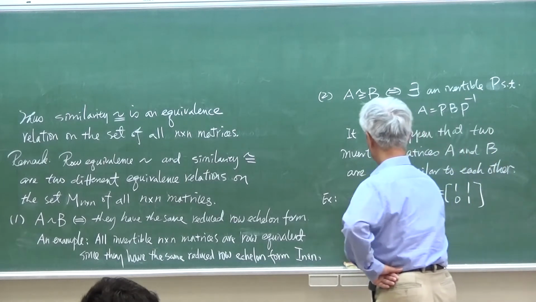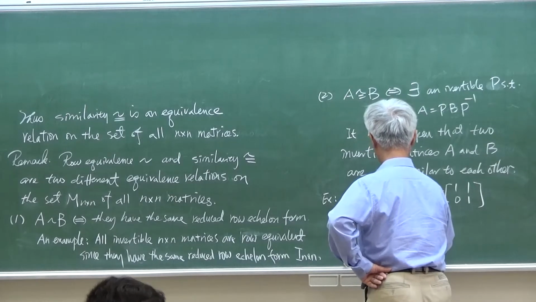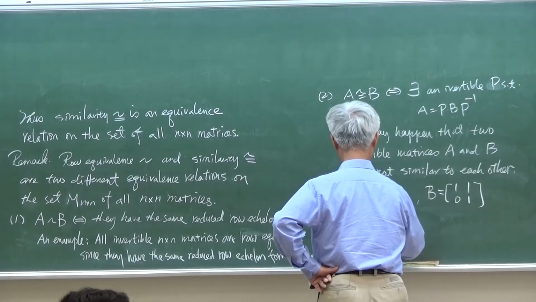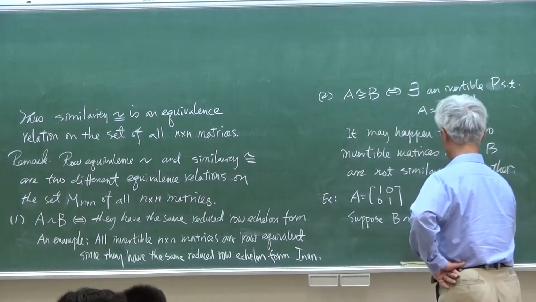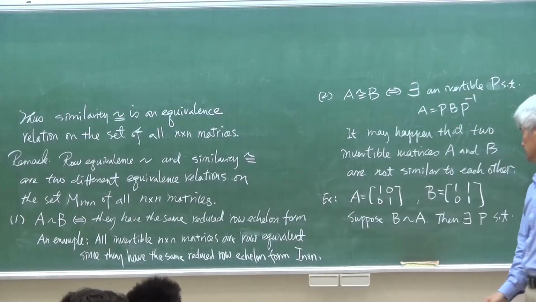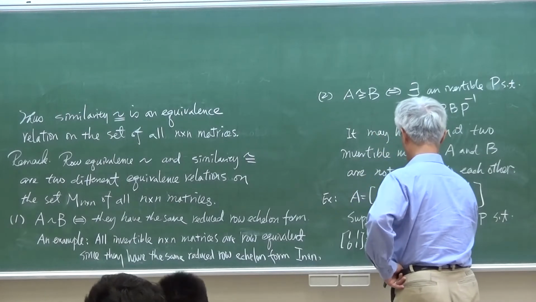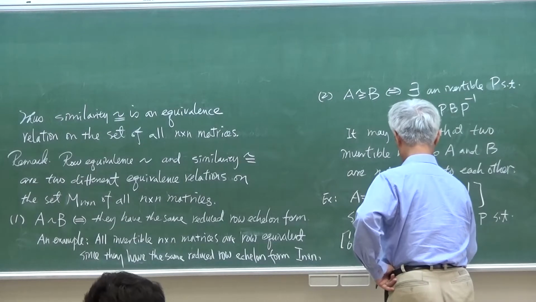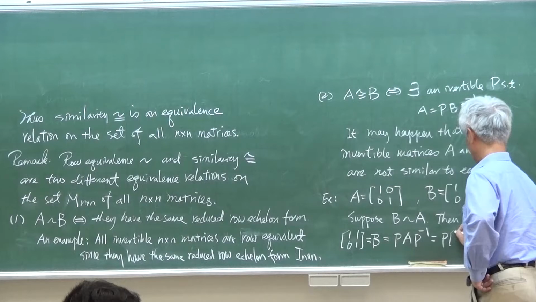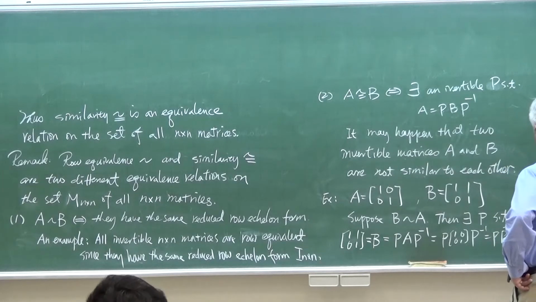How? Suppose B is similar to A. Then there exists a P such that B, which is [1, 1; 0, 1], equals P A P inverse. But A is the identity, so this is P times P inverse, which is the identity, [1, 0; 0, 1].